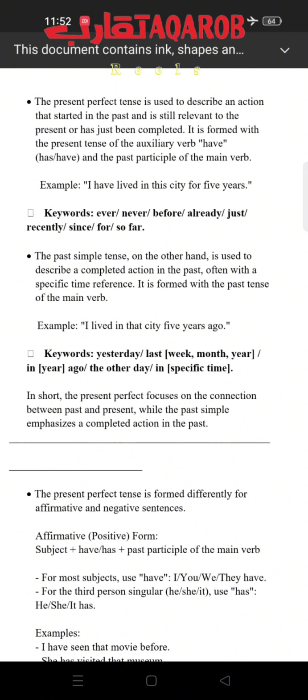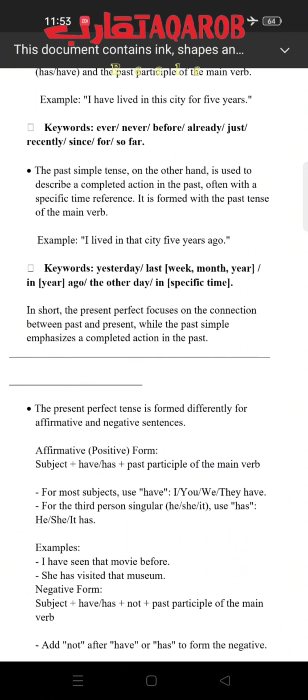So we use the subject, and after the subject we use have or has. Then after have or has we use the past participle of the main verb. For example, the past participle of the verb see is seen. The past participle of the verb eat is eaten.